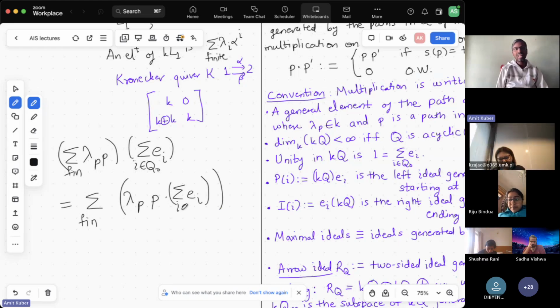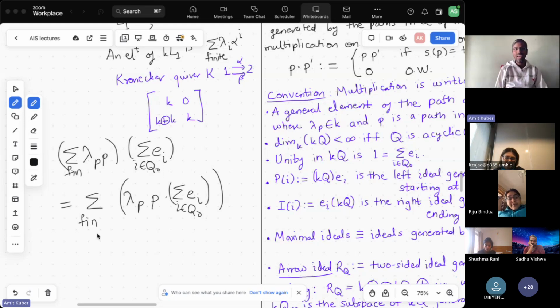Now, can somebody tell me when will this be non-zero? p times summation e_i, when will that be non-zero? Its source of p is e_i. Exactly, source of p is e_i. Otherwise it will be zero, right?